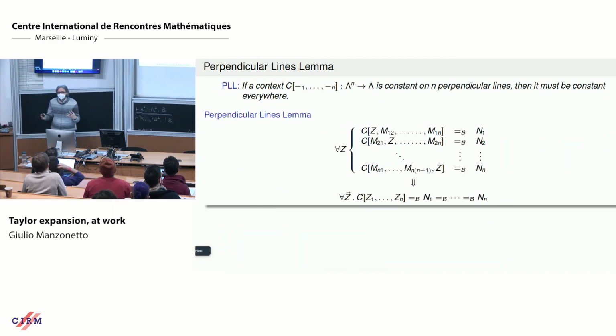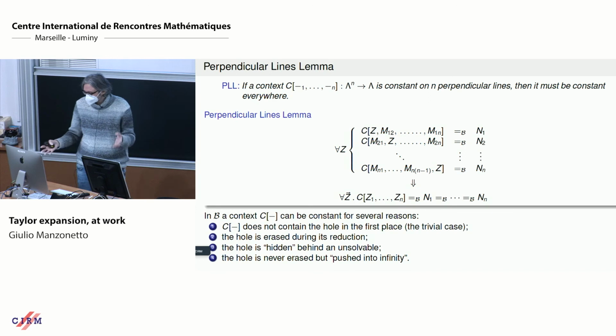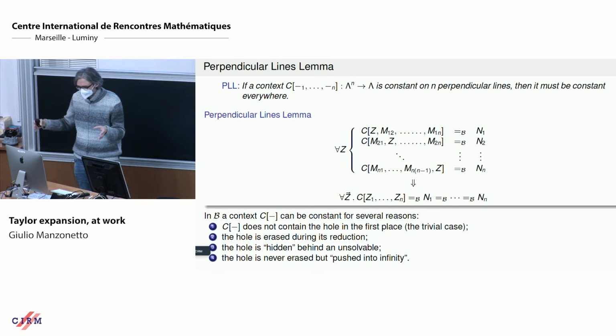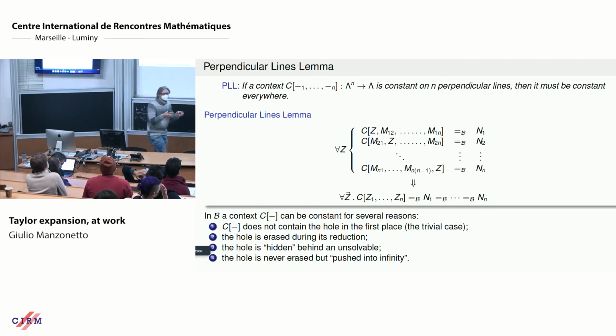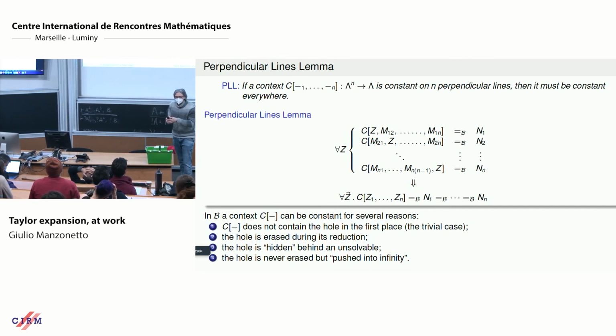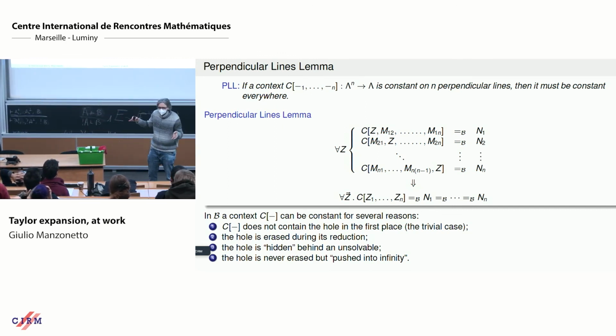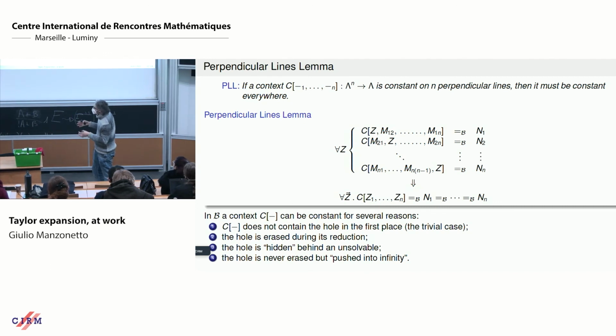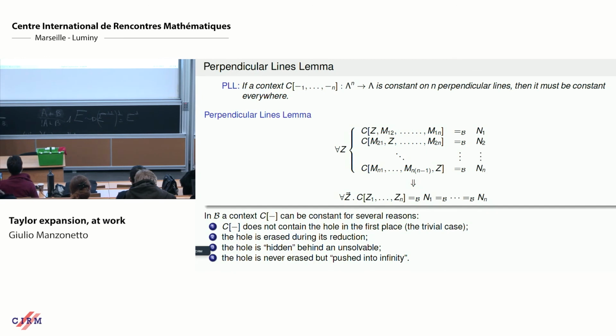Now, let's see the idea of the proof using the Taylor expansion. Well, the difficult part of this lemma is to understand why a context can be constant modulo Böhm trees. There must be several reasons. Either C does not contain the hole in the first place, then it is constant. This is the trivial case. Or the hole can get erased along the reduction.